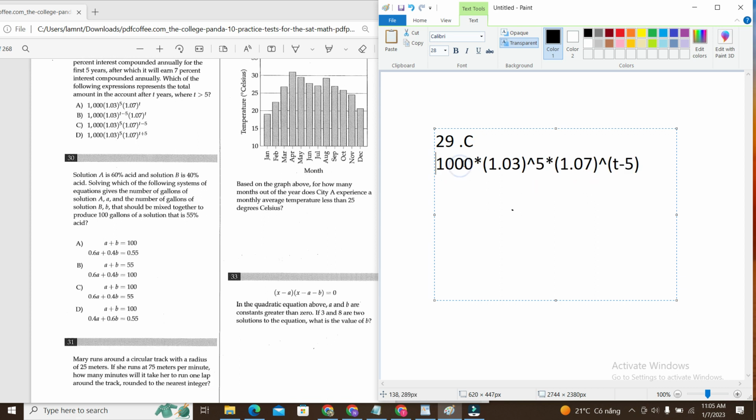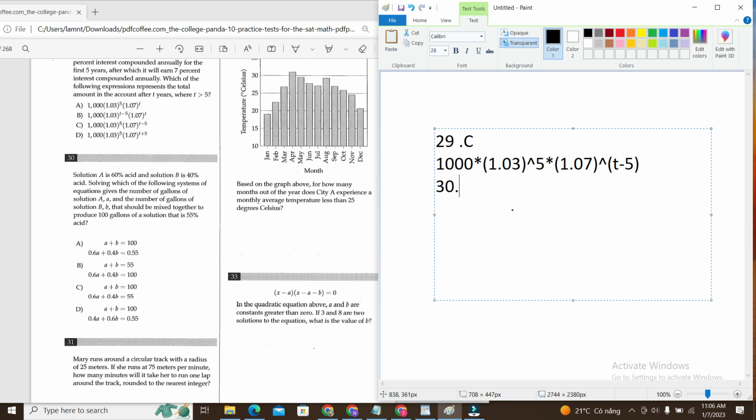Alright, so 30. Solution A is 60% acid and solution B is 40% acid. Which of the following systems gives the number of gallons of solution A and solution B that are mixed together to produce 100 gallons of solution that is 55% acid?